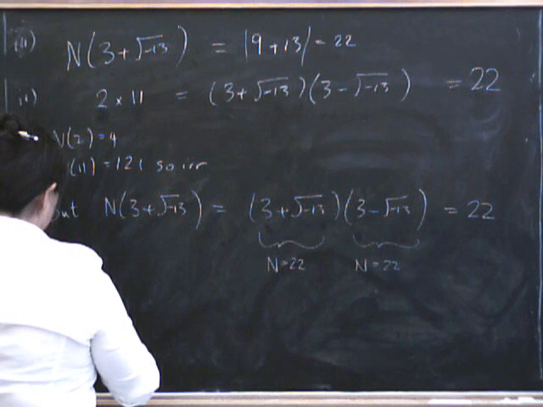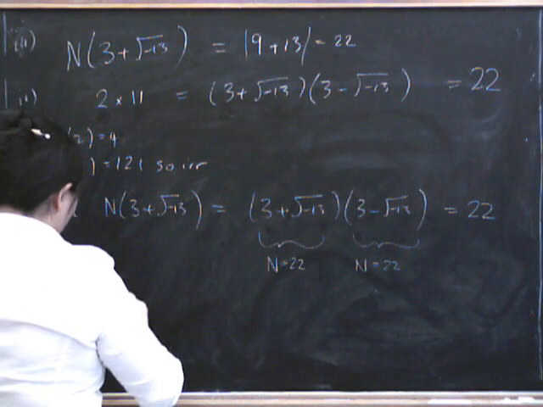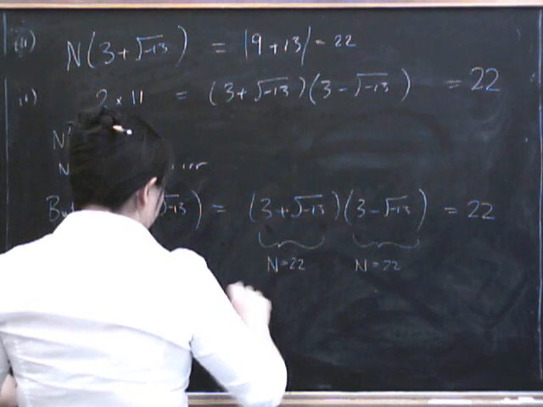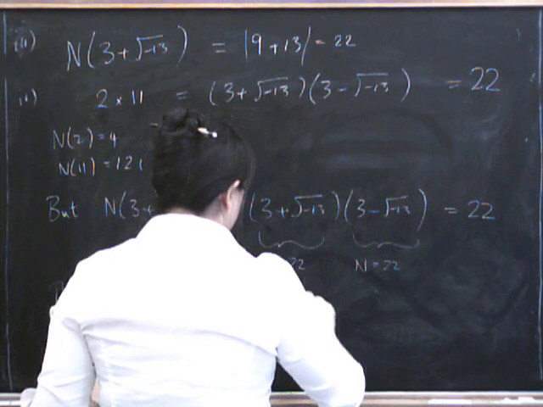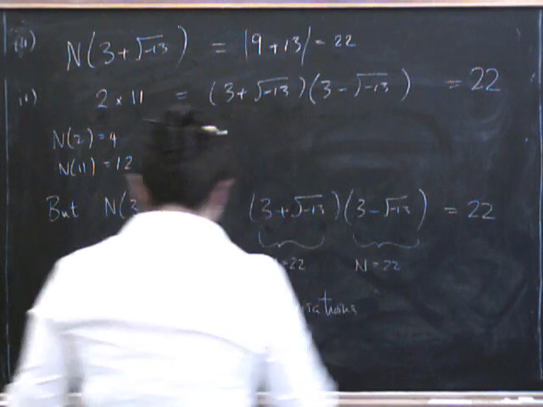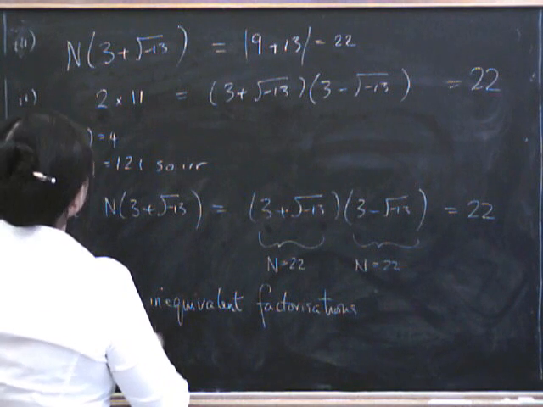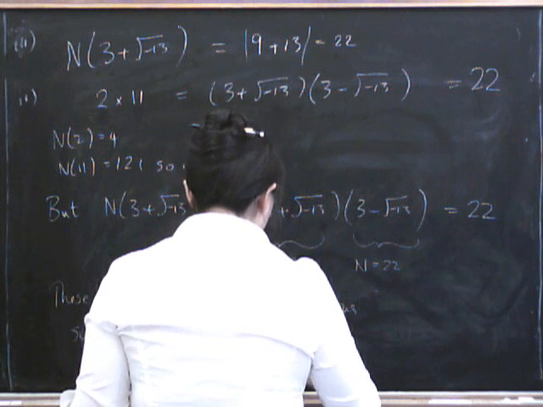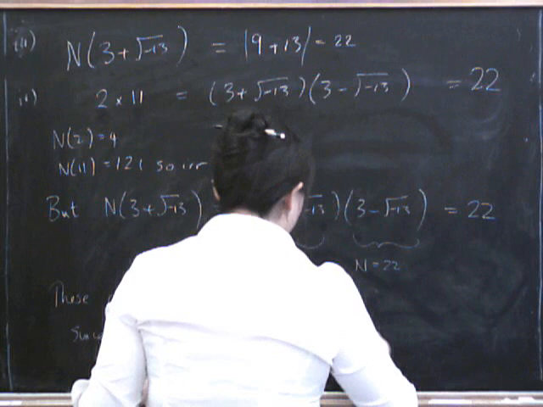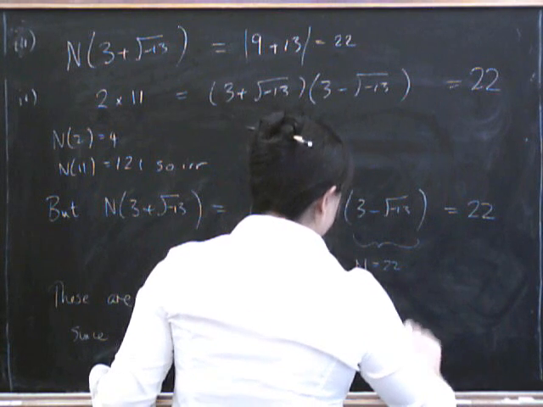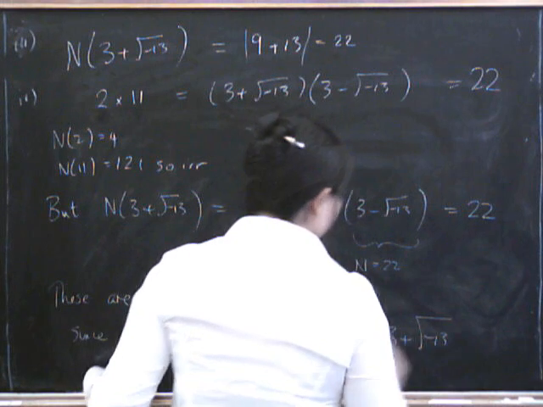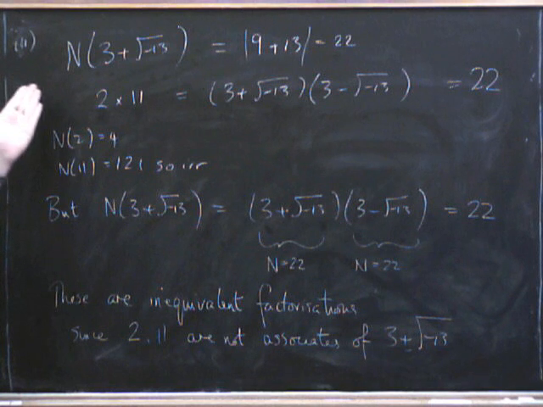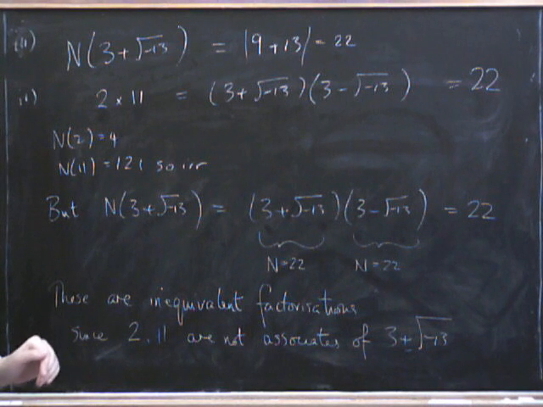So we can also say that these are not equivalent factorizations, since 2 and 11 are not associates of 3 plus root minus 13, or indeed 3 minus root minus 13. So this shows that Z root minus 13 is not a unique factorization domain.